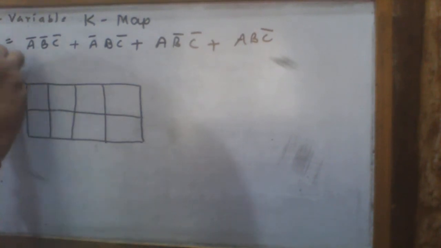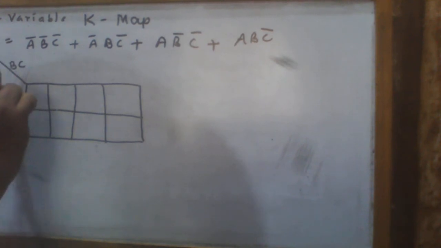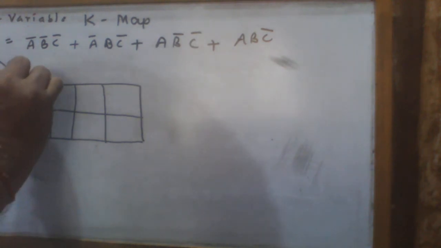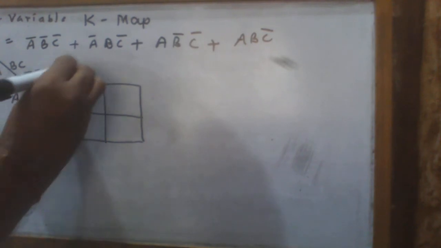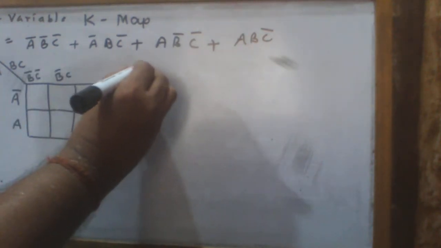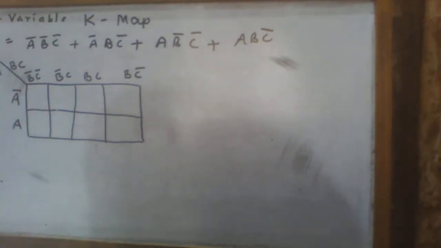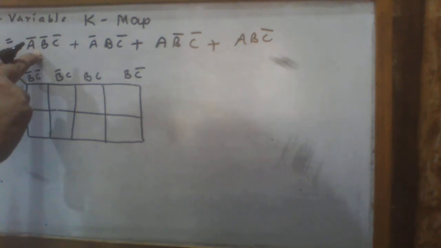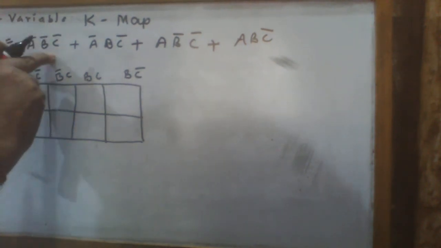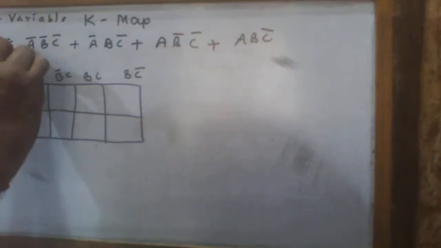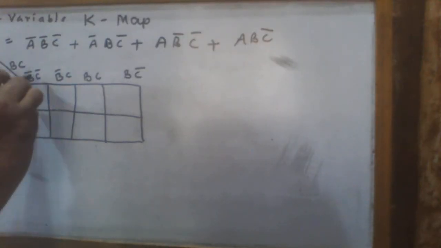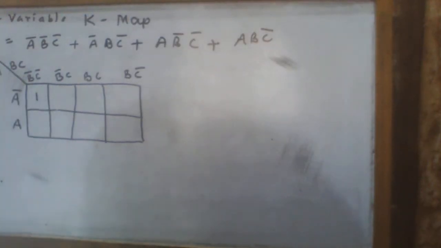Then I will write A here and BC here. A has 2 possibilities, either A bar or A. BC has 4 possibilities: B bar C bar, B bar C, B C bar and BC. Now I will write 1 for each term available. The first term is A bar B bar C bar, so I will write 1 over here.